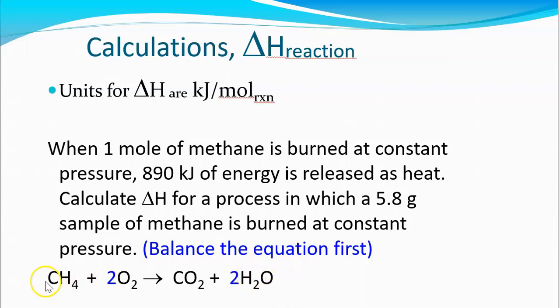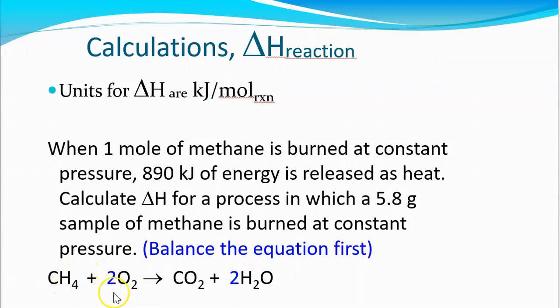So I'm looking at 5.8 grams of methane, and 1 mole of methane is 1 mole of reaction. And so a mole of reaction is exactly how it's written on the page, 1 time through. So 1 mole of methane is used up in 1 mole of reaction.